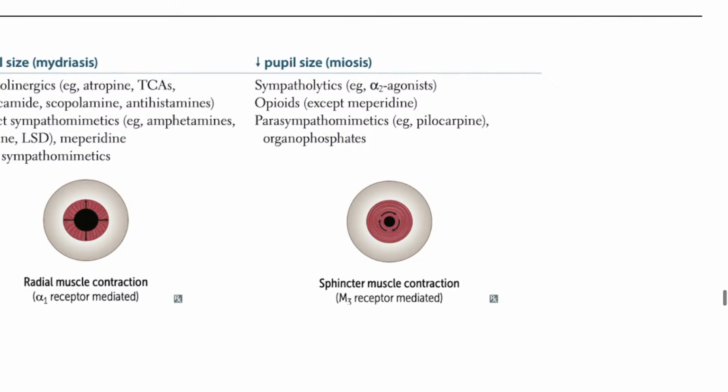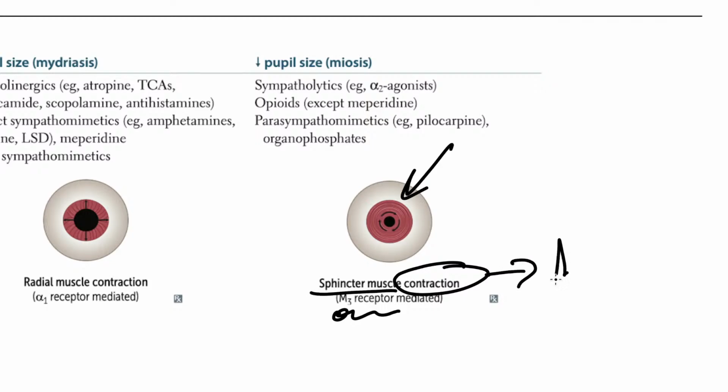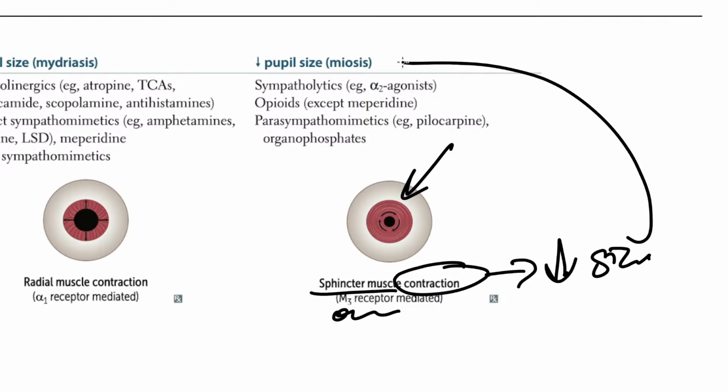This is the sphincter pupillary muscle right here, which is a circular muscle, which has an M3 receptor on it. The contraction of the sphincter muscle will lead to a decrease in the size of the pupil, known as meiosis.